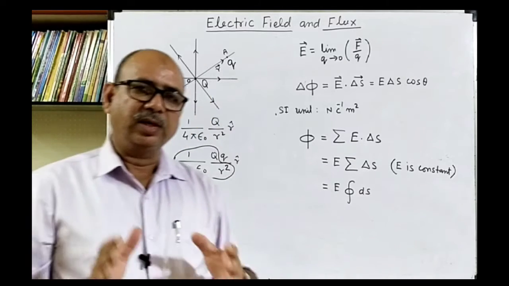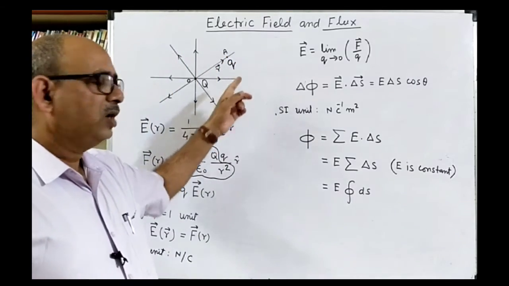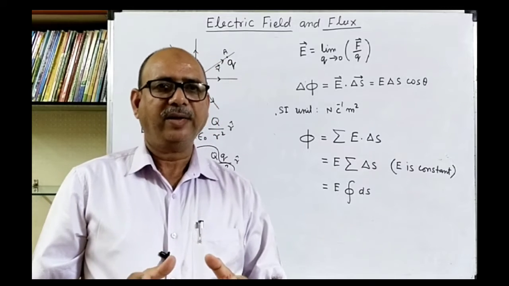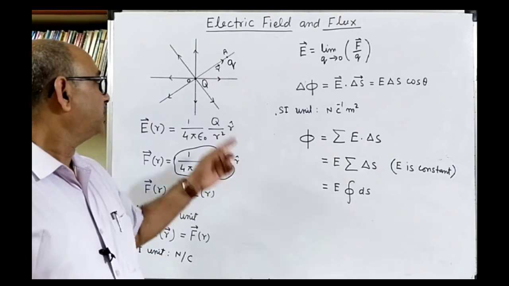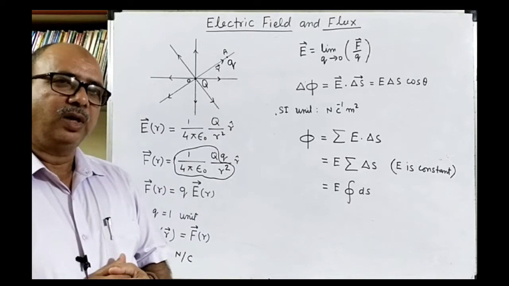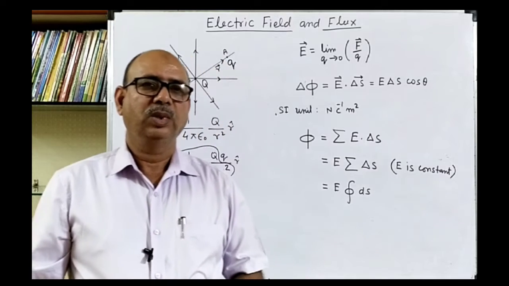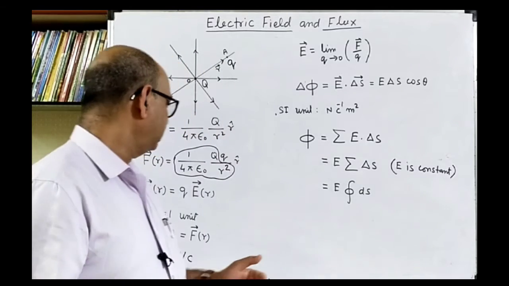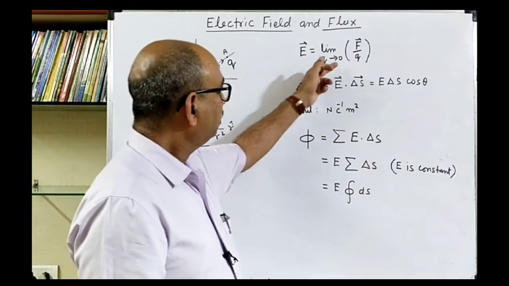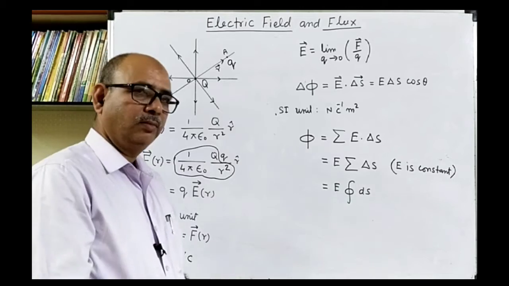To satisfy this condition, we can take the value of the test charge very small, so that its presence will not change the position of the source charge. We can assume that delta q is tending towards 0, and we can write this expression as electric field E is equal to limit q tends to 0, F upon q.